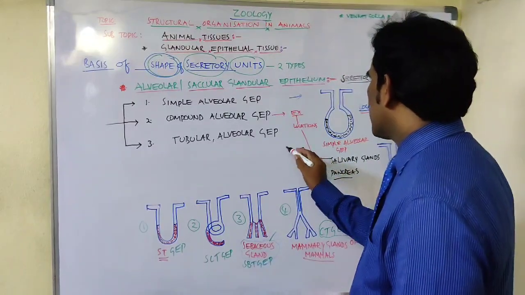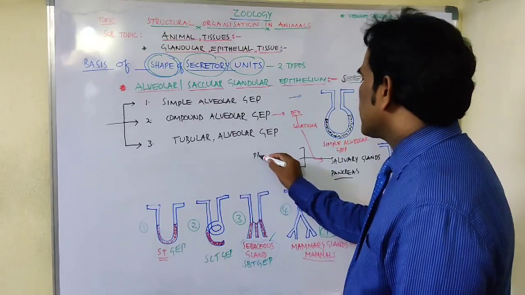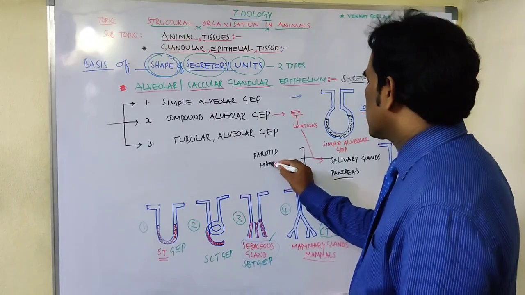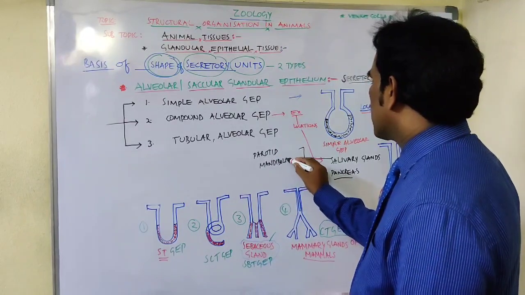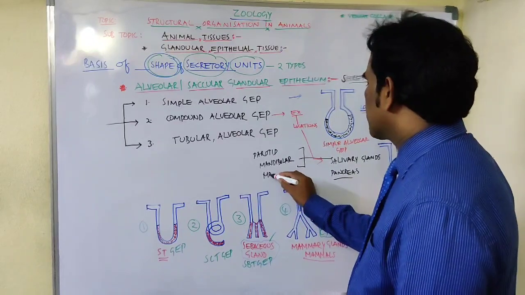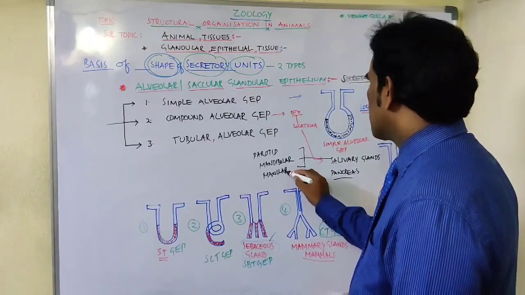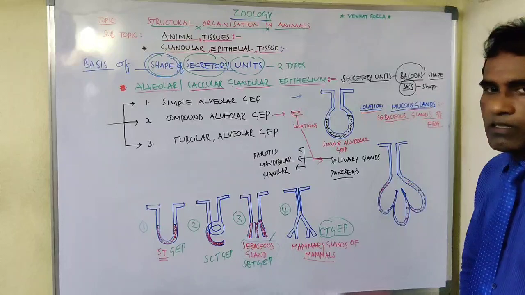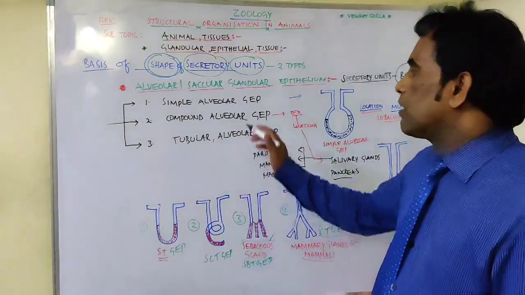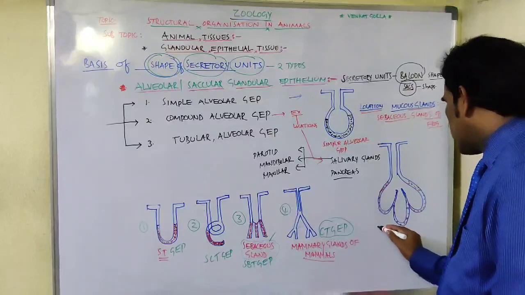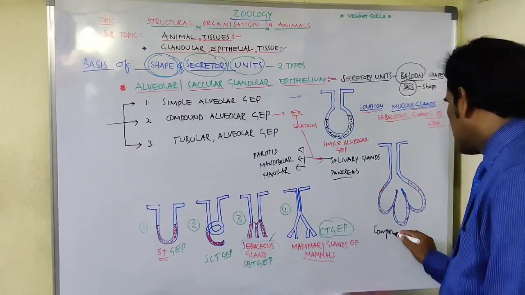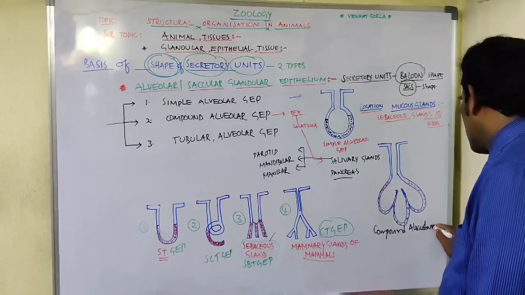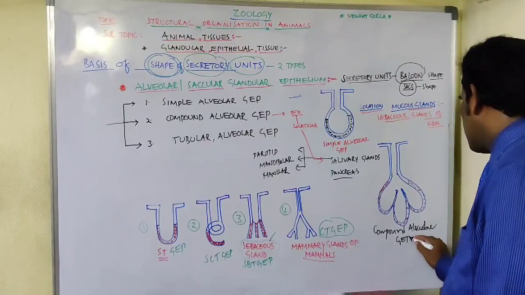There are three types of salivary glands: parotid, mandibular, and maxillary. So these are the salivary glands, and pancreatic glands. In the pancreas also this type of compound alveolar glandular epithelium is found.